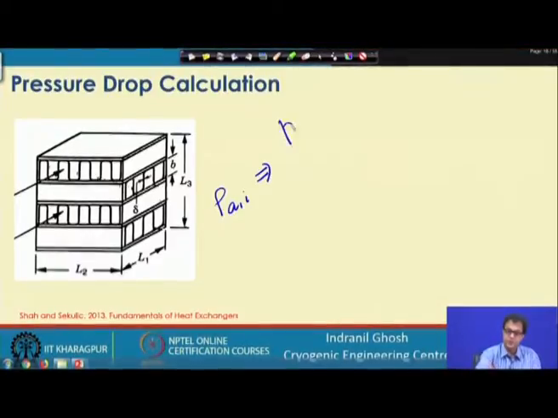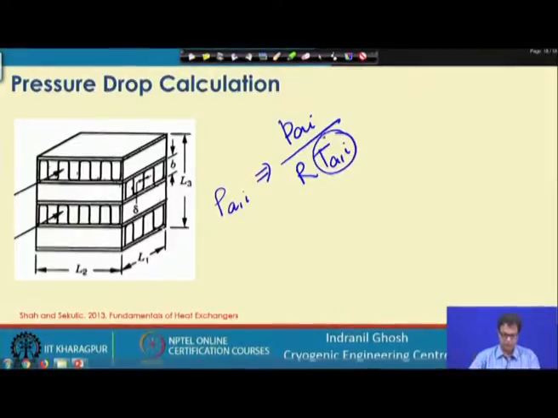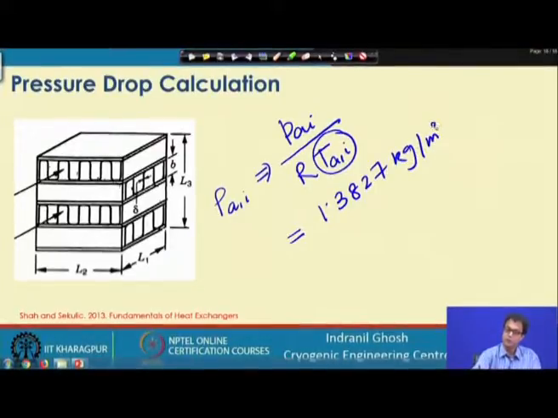So, this is P inlet by R T inlet. So, you have to convert this temperature into Kelvin, and accordingly this will come out as 1.3827 kg per meter cube. So, this will be the density of the air at the entry.